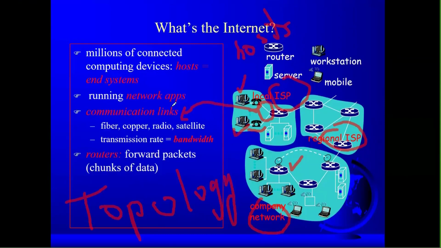You have the transmission rate at which I'm sending. We refer to it as bandwidth. Chapter 3, I'll have a whole lecture on this. So it's going to become a little bit technical, but get ready for it. We're going to talk about bandwidth. How do you calculate bandwidth? What does it mean?